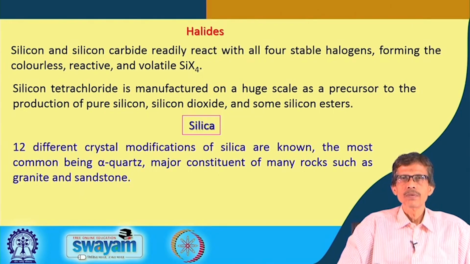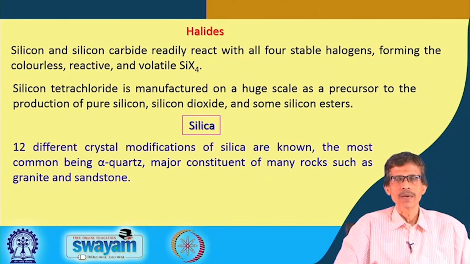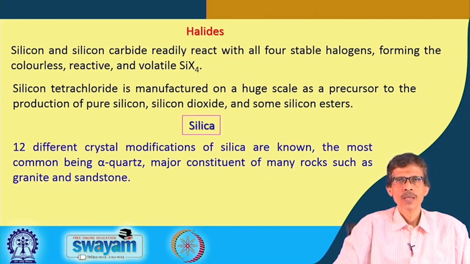That means silica is a very loose term, like manganese dioxide. In the case of manganese dioxide we see different solid state varieties, alpha, beta, gamma, epsilon and all. Similarly, silica can be labeled as 12 different crystal varieties.